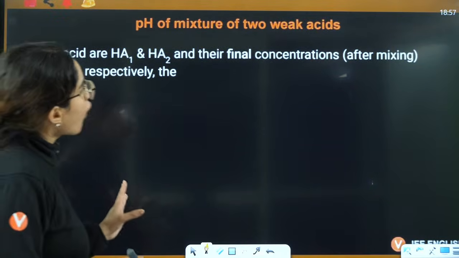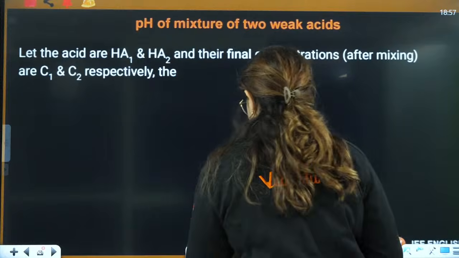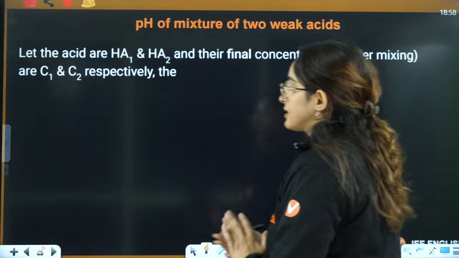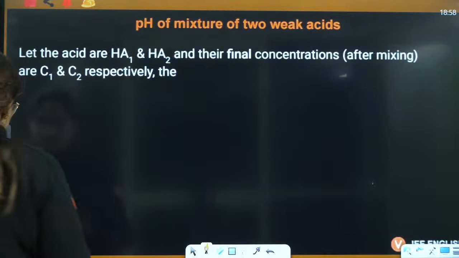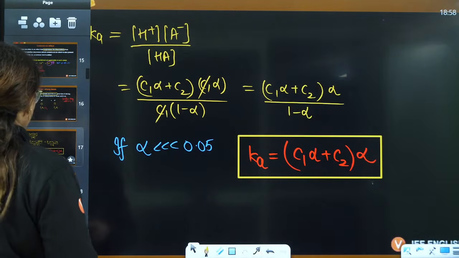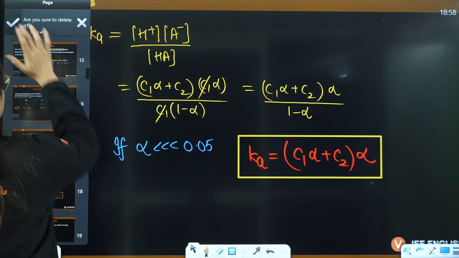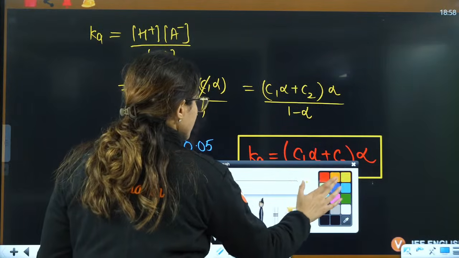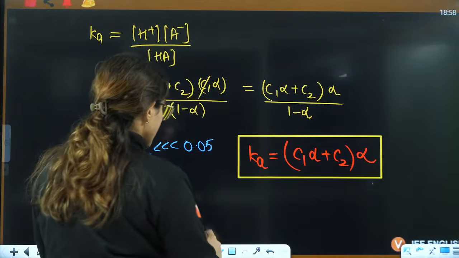Now, mixing of two weak acids. Now, someone will ask, ma'am, what about two strong acids, two strong bases, one strong acid and one strong base, one weak base and one weak acid?